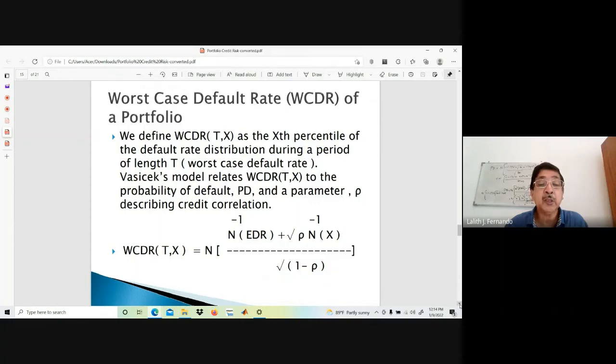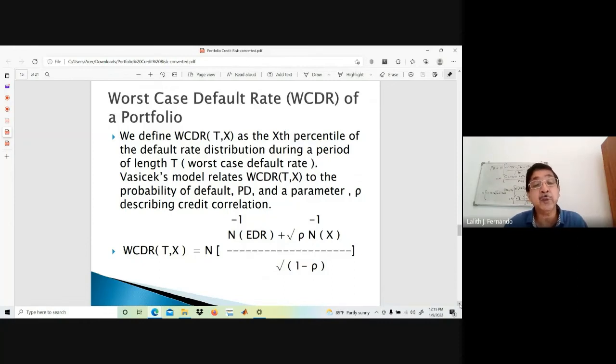If you are talking in terms of a particular period, say a 1 year period, at a 99.9 percentile, we can say the worst case would be this much.